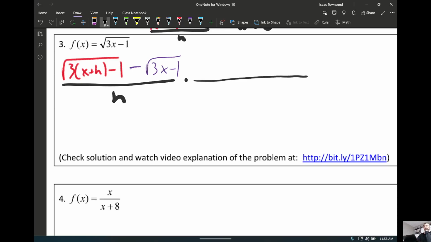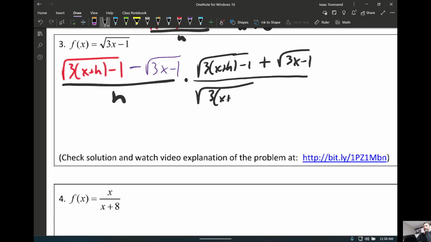You need to multiply the top and the bottom by the conjugate of the numerator. Remember, conjugate just means change the middle sign only, the sign between the terms. So it was minus, now it's plus.